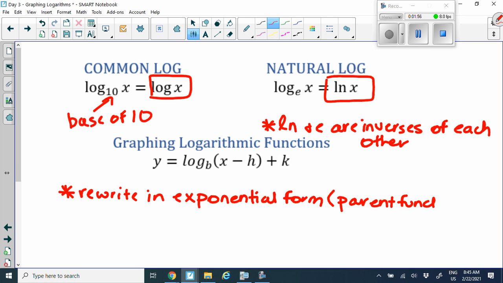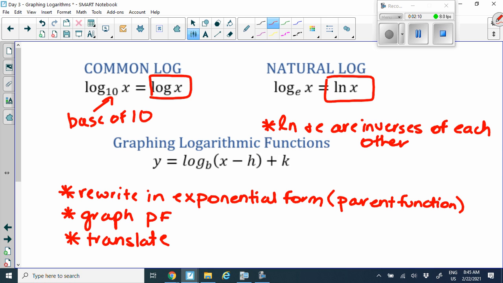Then you graph the parent function. Then you translate with your h and your k.